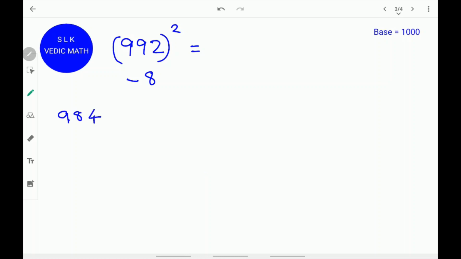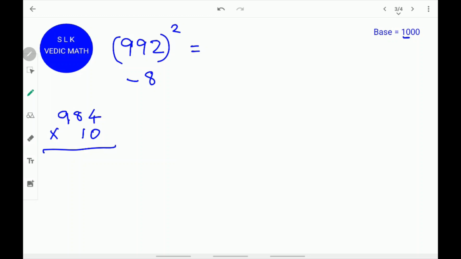Next, multiply 984 with 10. Why 10? Because the base 1000, we take 10 from it.